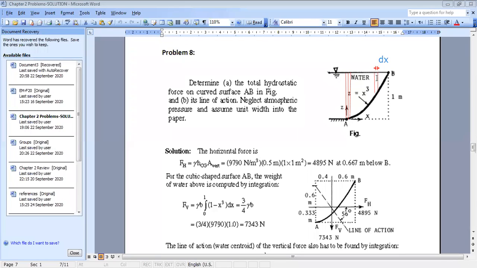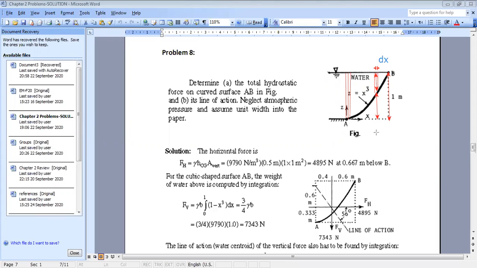Okay, now for an area, you need to find the width and the height. What will be the height here? The height is the distance from this point to this one, okay? What will be this distance? You know that the total height here is 1 meter. And you know that the distance from the x-axis to the curve is x cubed, because this function z is equal to x cubed.